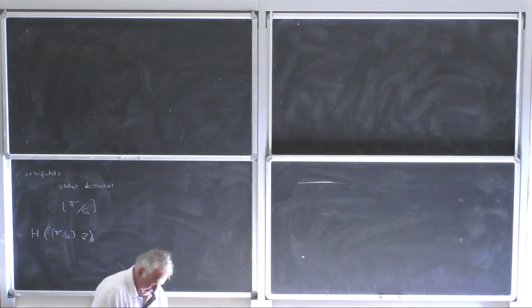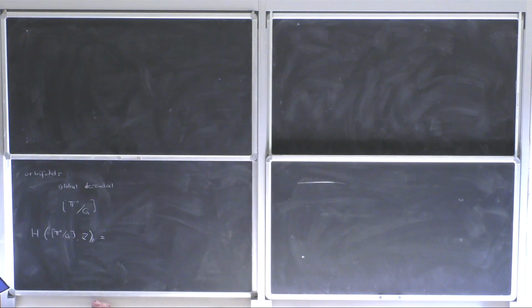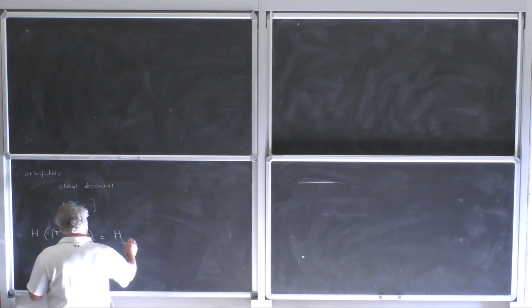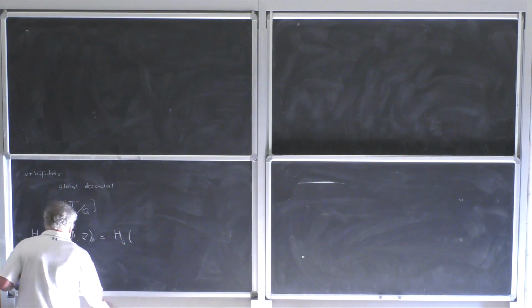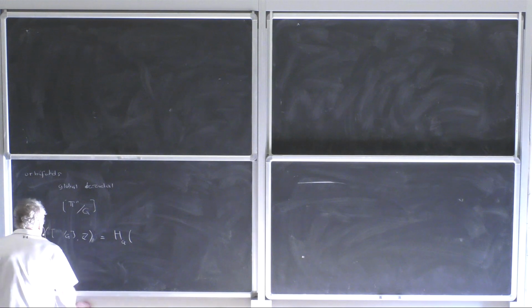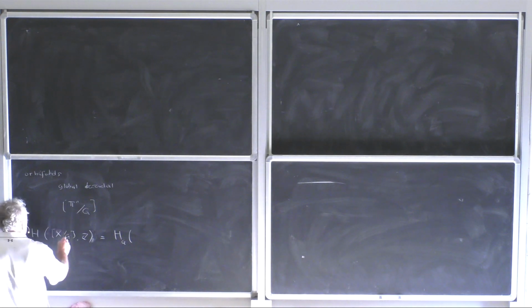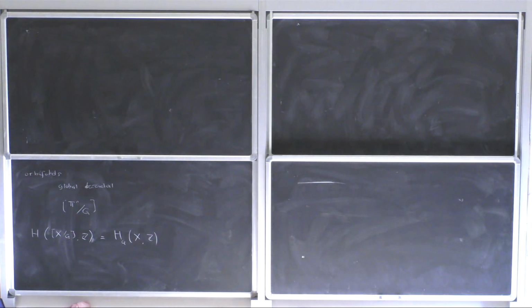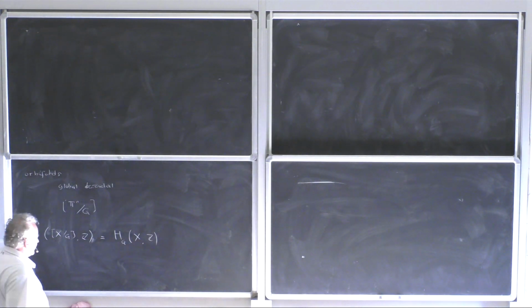So there exists a standard definition of what orbifold cohomology is. It's just the G-equivariant cohomology of, let's replace T by X, the equivariant cohomology of X, and there are different ways of calculating such equivariant cohomology.